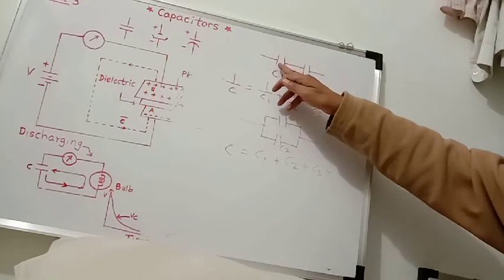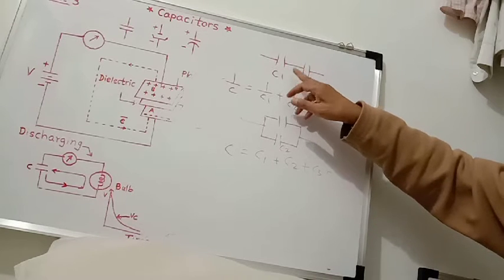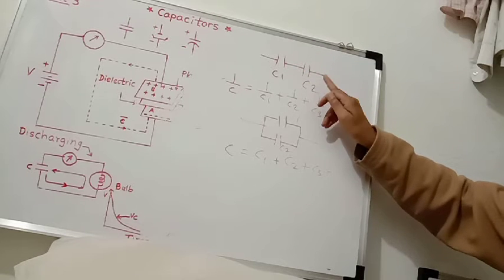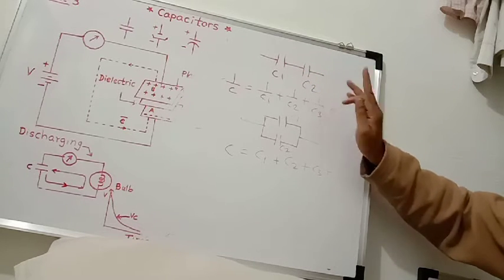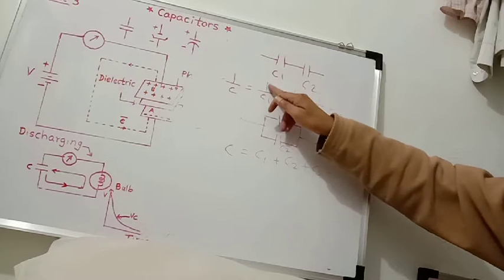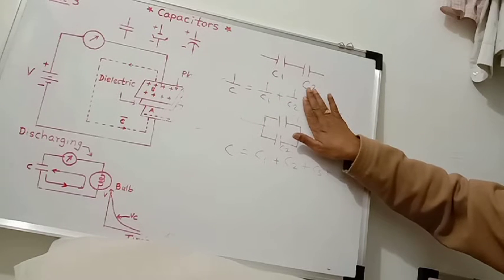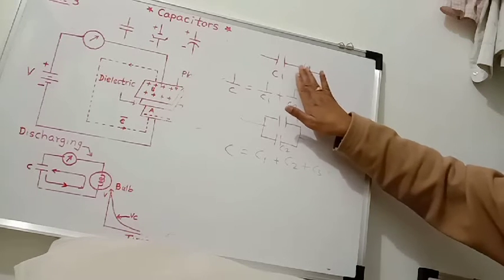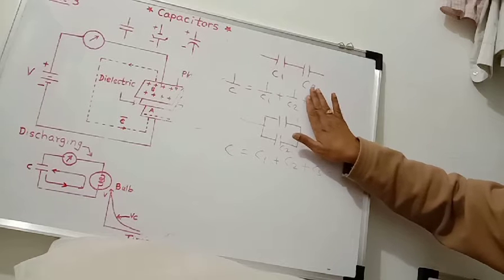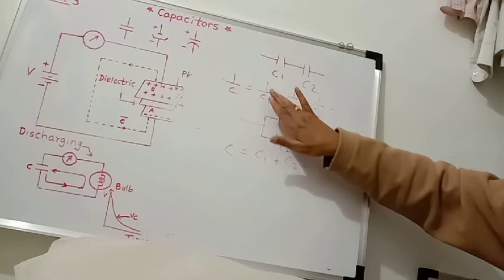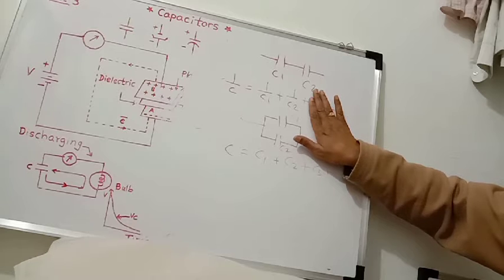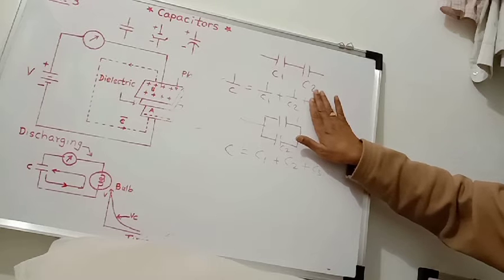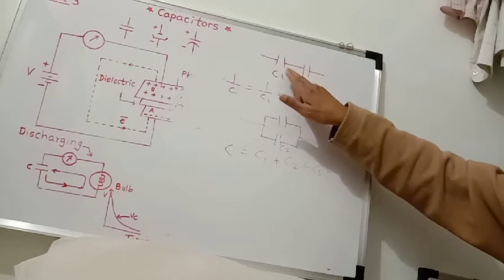When two capacitors are connected in series, its equivalent capacitance C is equal to C1 into C2 divided by C1 plus C2, or 1 upon C is equal to 1 upon C1 plus 1 upon C2. So this is the formula when two capacitors are connected in series.